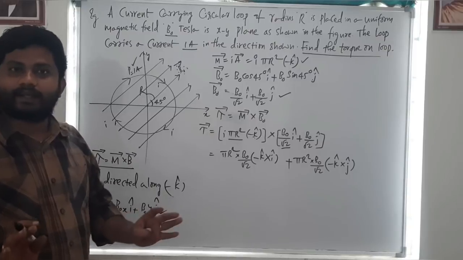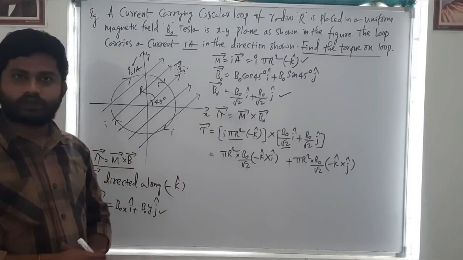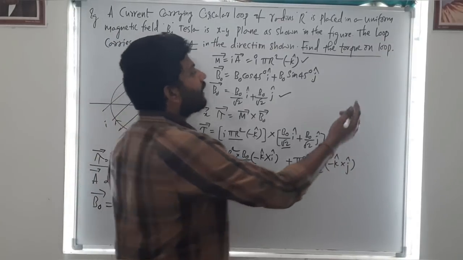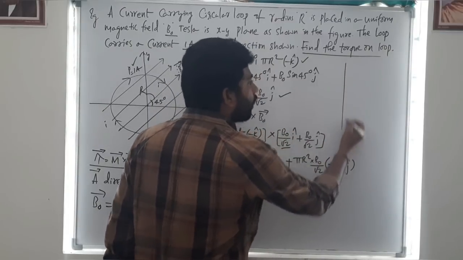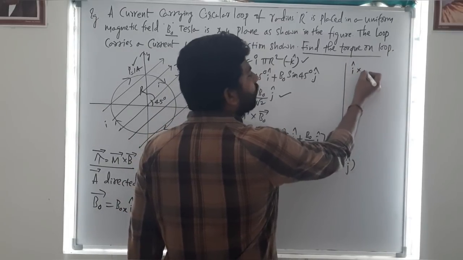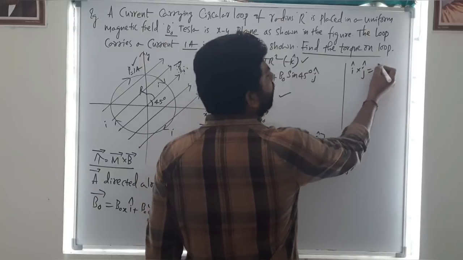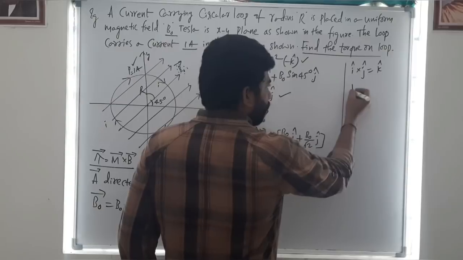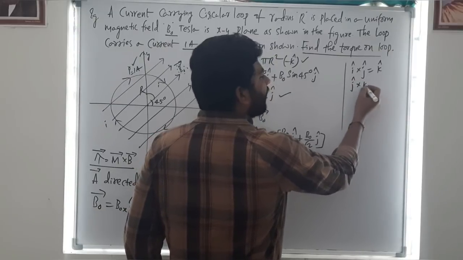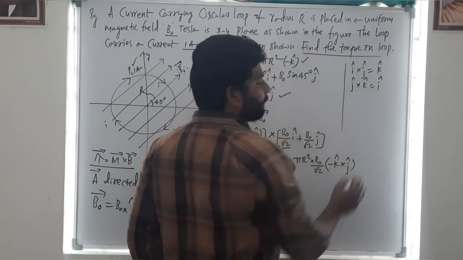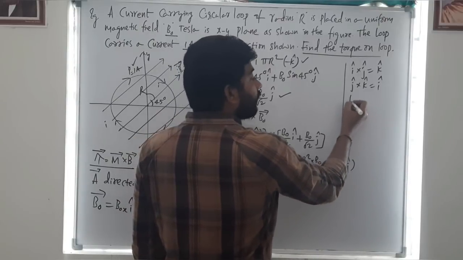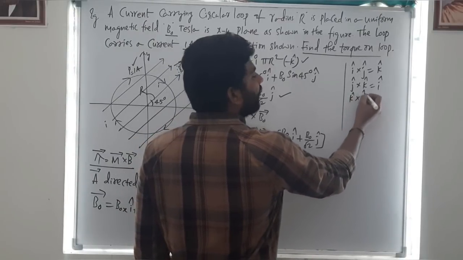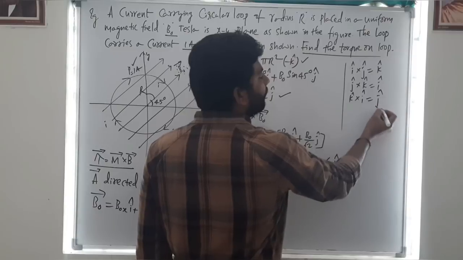Okay. Is it clear? And how to find these values? We know clearly what that is. I cap cross j cap is equal to k cap, cross product, you should recollect it. And j cap cross k cap is equal to I cap. And k cap cross I cap is equal to j cap.